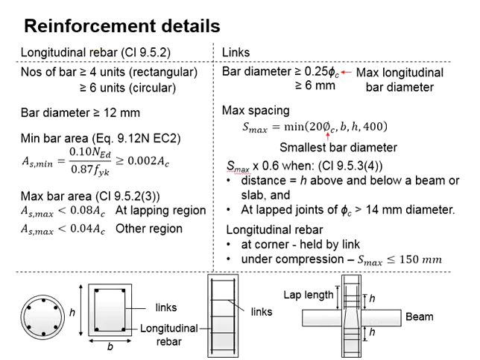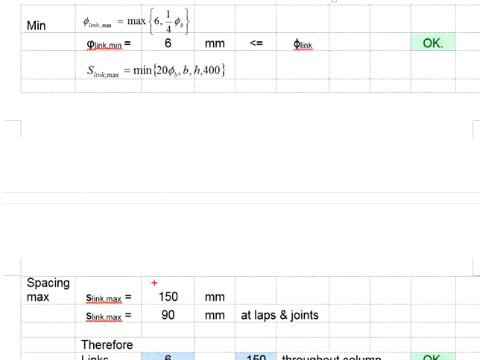And then for the H distance above the beam and the H distance below the beam, that means for the columns near the joint with the beam, the maximum spacing will have to be reduced by 40%. Now you will need to get this 150 times 0.6. That gives you 90 mm.